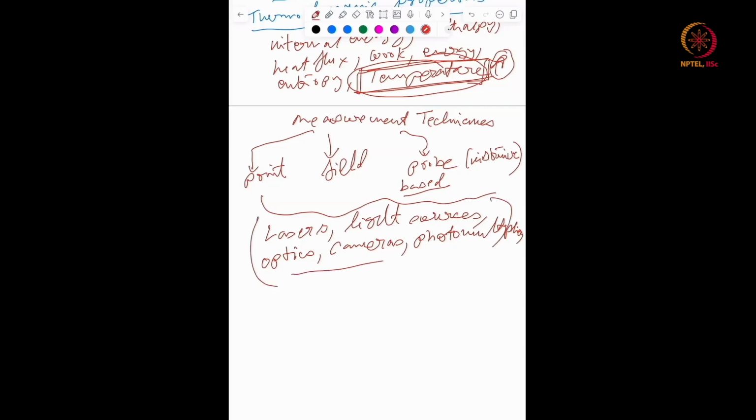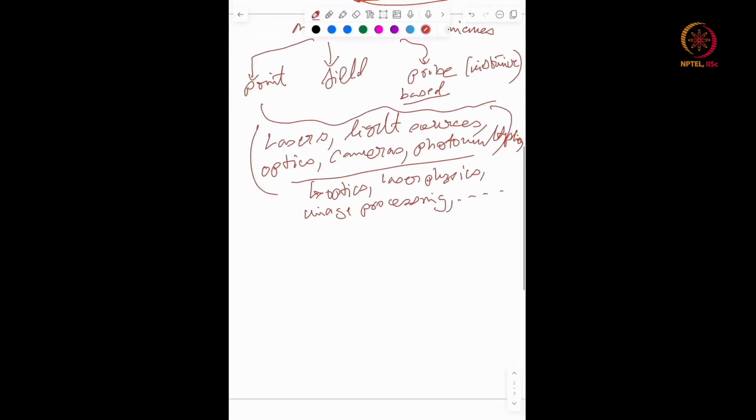So you need to have a very good understanding of optics, and laser physics a little bit, and of course image processing, and so on and so forth. And each specific technique has certain uniqueness attached to it. All right. So this is the kind of thing that we have.